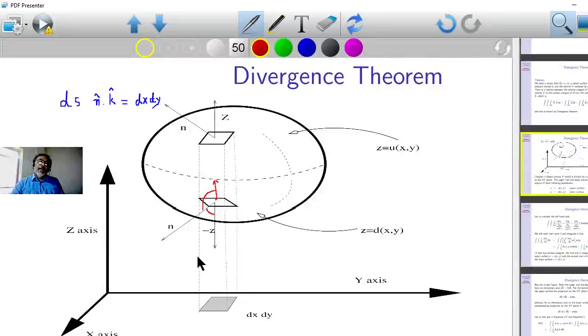That means while projecting this differential surface onto the xy plane, we have to use the dot product n dot minus k.